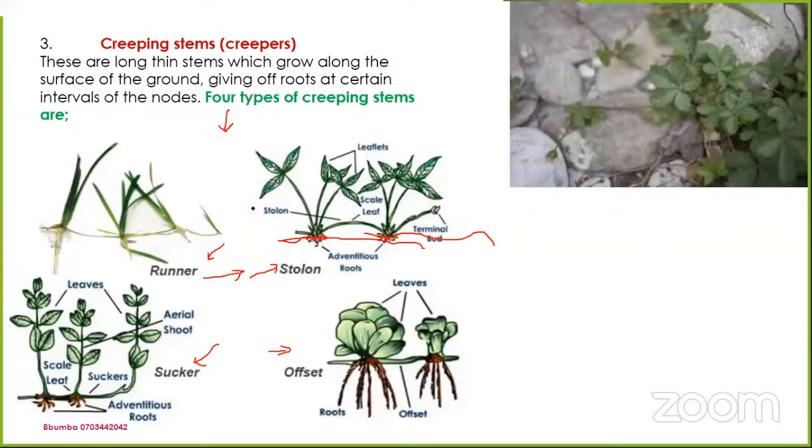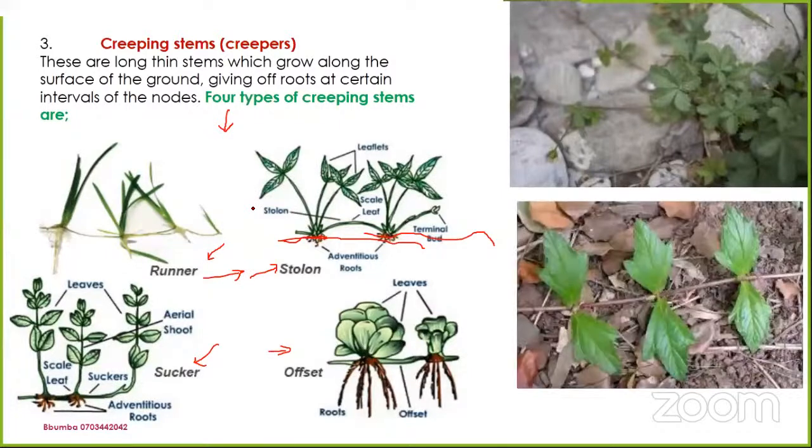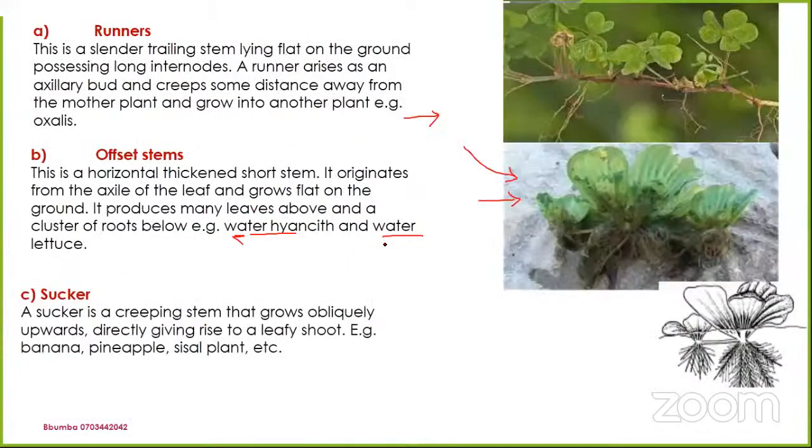Then we can go to sucker. A sucker is a creeping stem that grows obliquely upwards, directly giving rise to a leafy shoot. The most common example is the banana sucker.